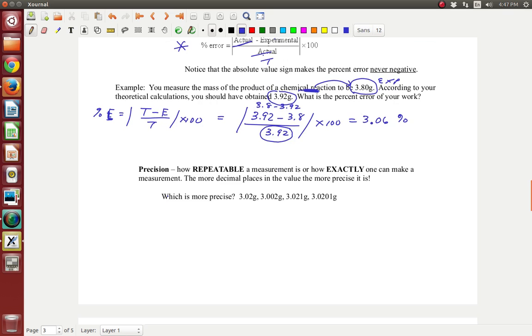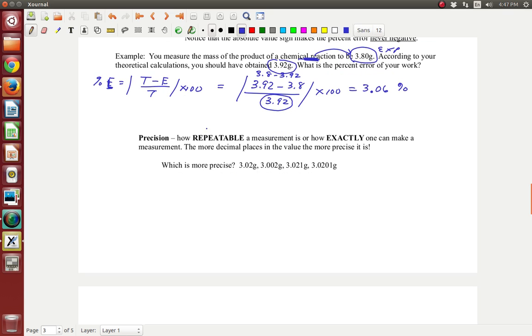Now, precision is how repeatable a measurement is, or how exactly one can make a measurement. The more decimal places, the more precise it is. So look for this. Which is the most precise? Well, in this case, we only have 2 decimal places. Here we have 3 decimal places, but this last one has 4 decimal places.